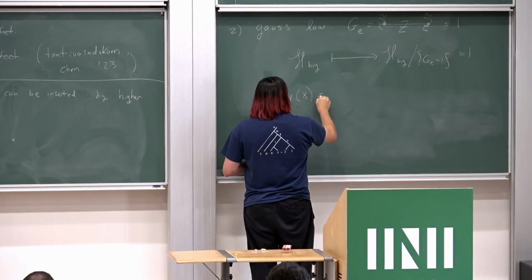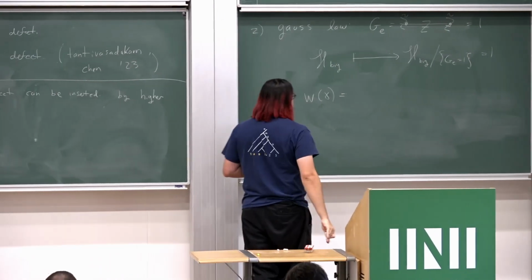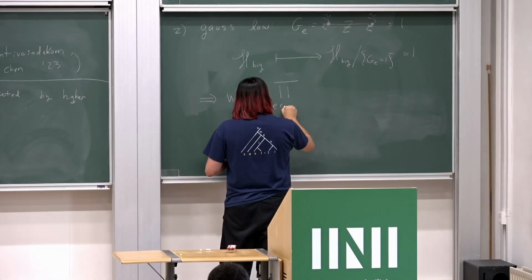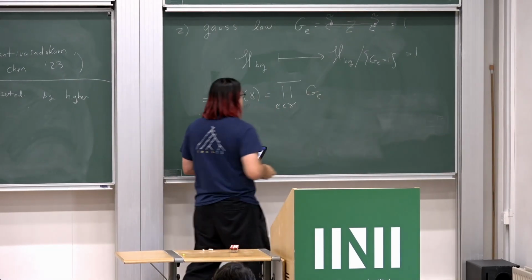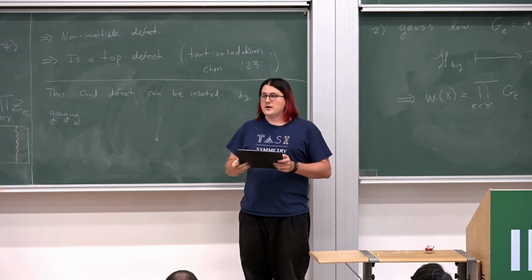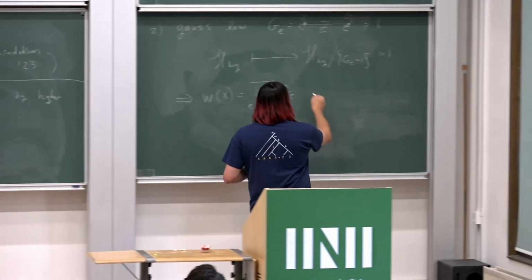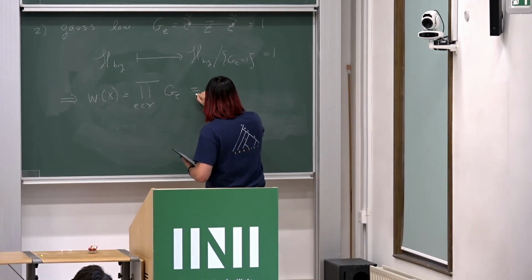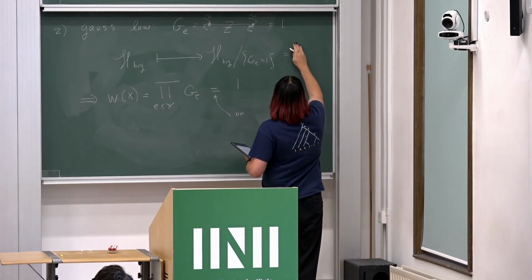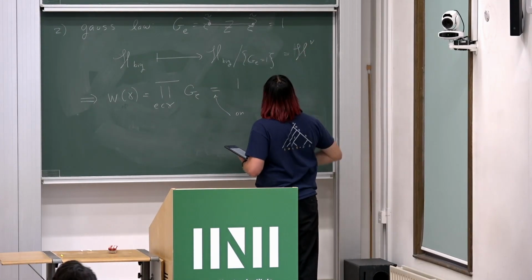My symmetry operator, W of gamma, for any gamma, can always be written as a product of the G_E operators. This is true on any Hilbert space. I don't have to use the Gauss law to do this. But now I do use the Gauss law. Let's see, oh, I wrote 1. This should have been H check. Sorry.